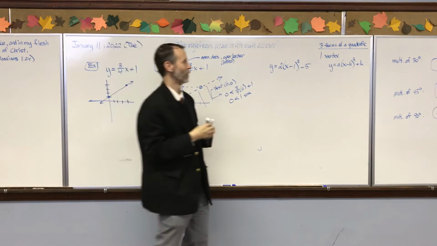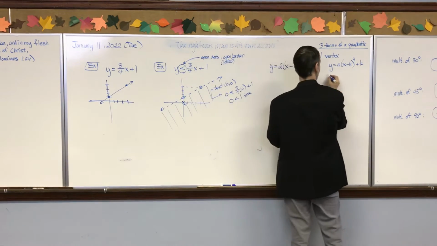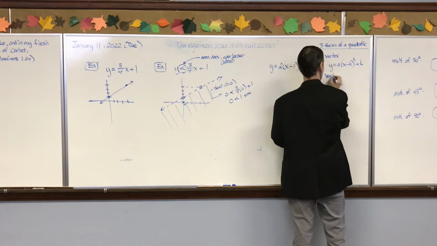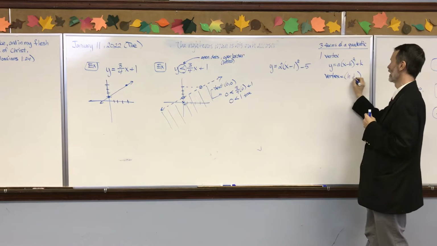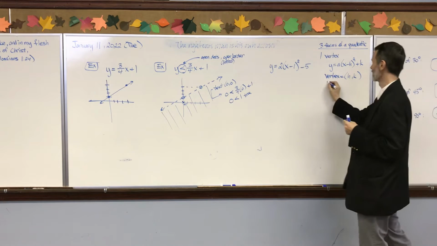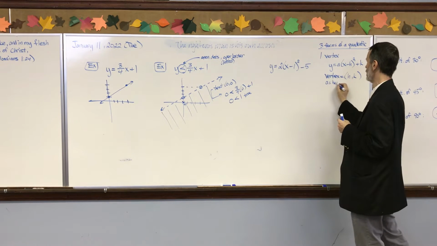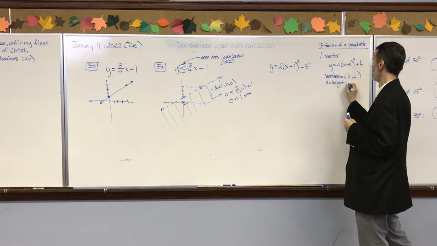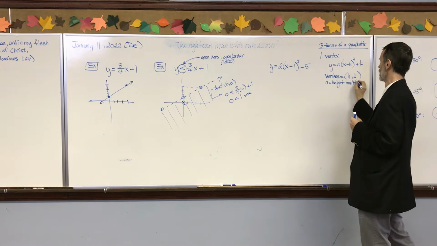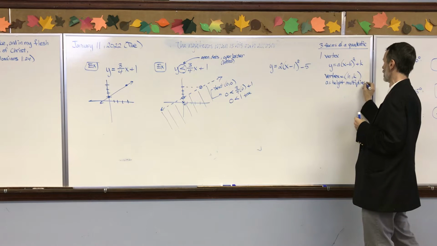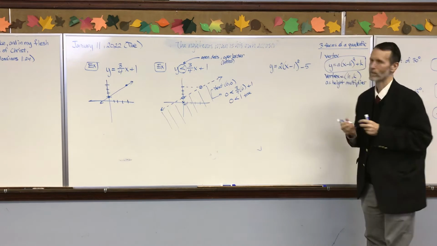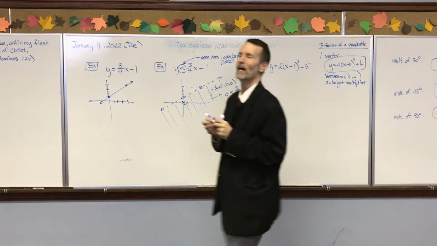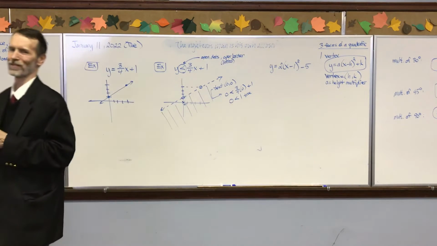That's vertex form. Hence the name, it gives you the vertex at h comma k. And then a is the height multiplier. Does that make sense? There's vertex form. I'm counting on you to know that for the test.